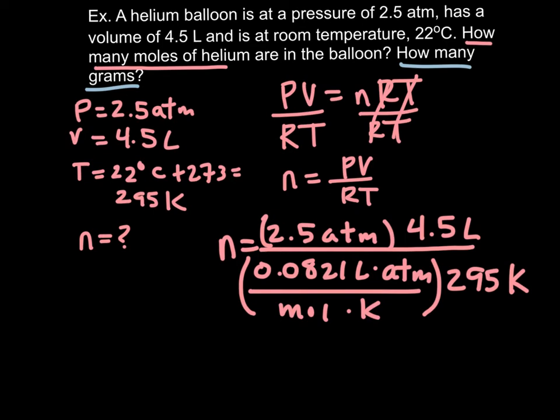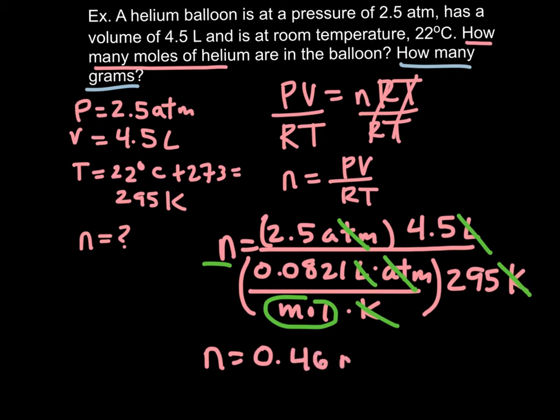Okay, so let's take a look at how everything cancels out. Our atmospheres cancel, our liters cancel, our kelvins cancel, and we're left with moles, which is perfect because we're looking for n. So now we have to plug and chug. When we do this, we get an answer of 0.46 moles of helium.